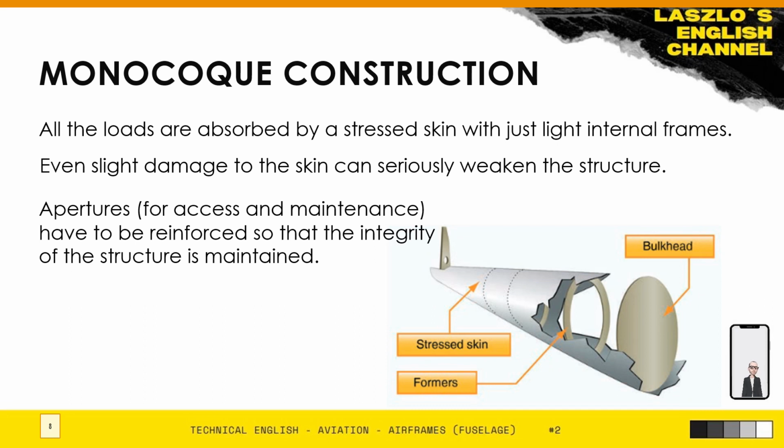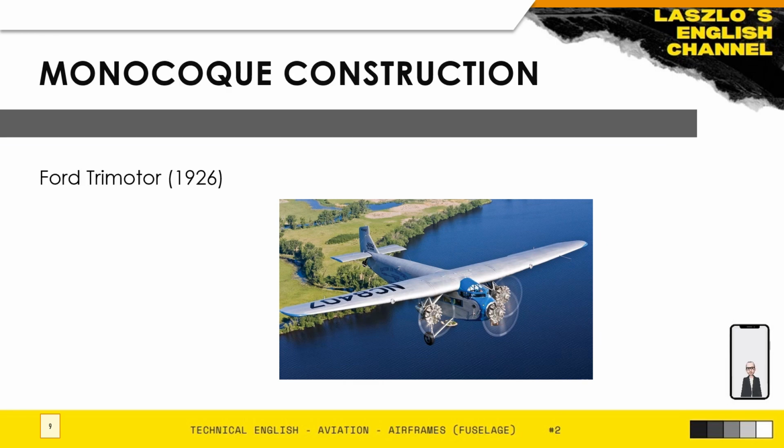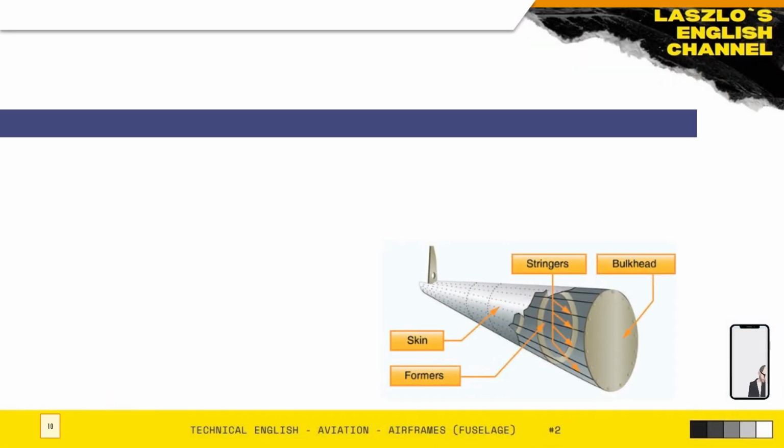And once the aircraft doors are closed and all the hatches and the access panels are fitted, then the fuselage is, to all intents and purposes, a monocoque structure. Examples here you will see the Ford Trimotor from 1926.